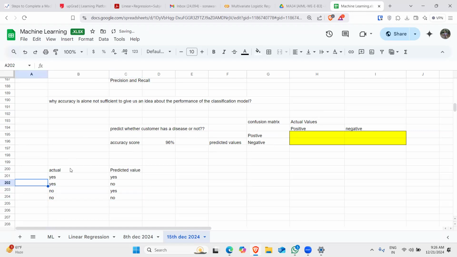There can be four possible scenarios maximum. Actual is yes, predicted is yes. Is it a correct prediction?